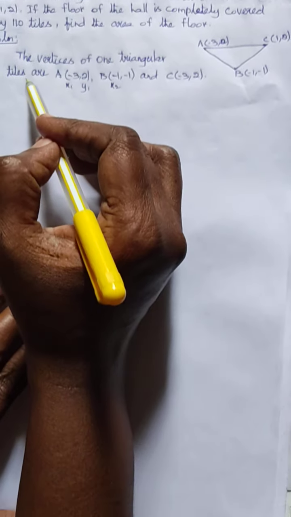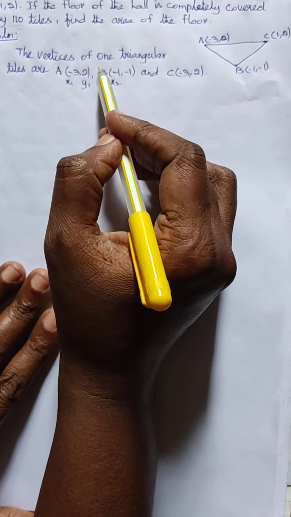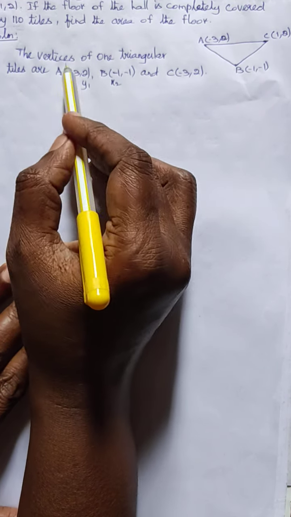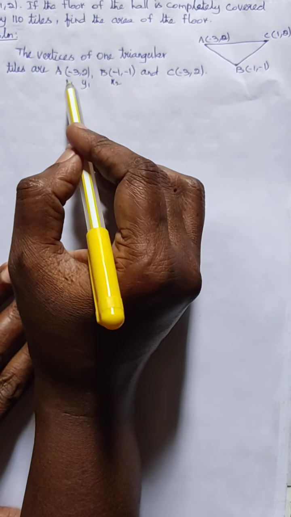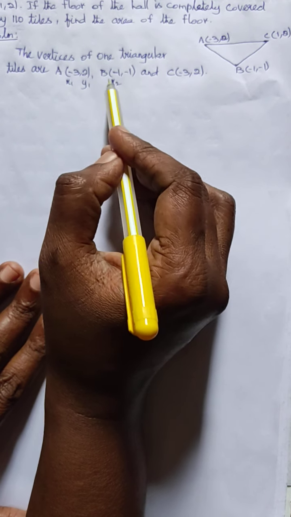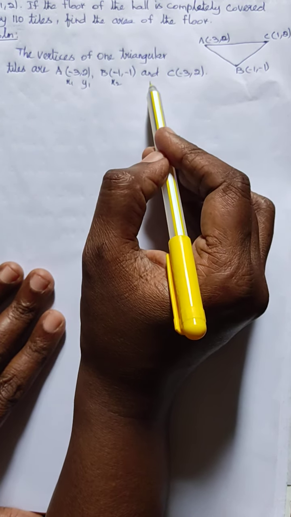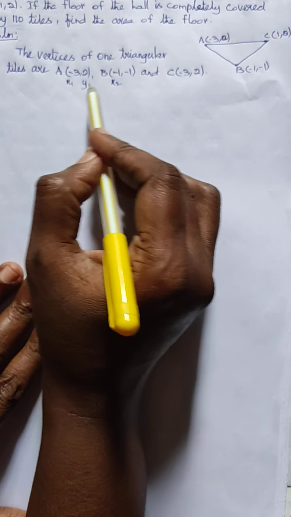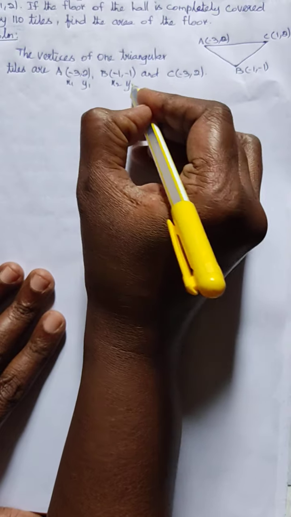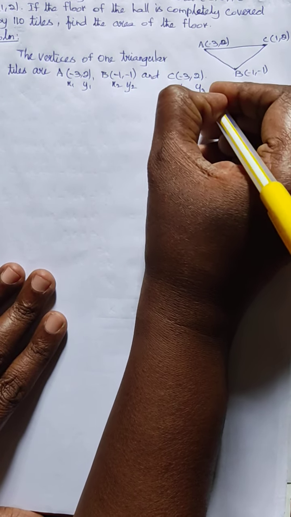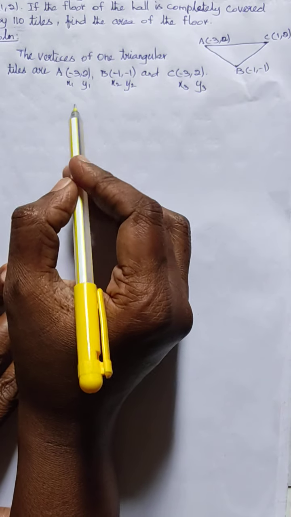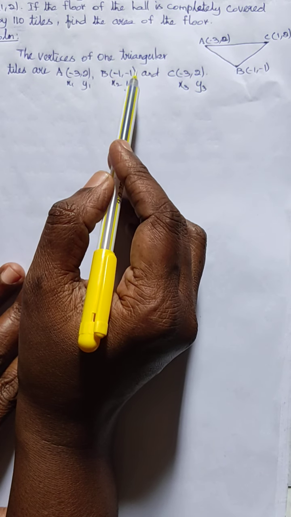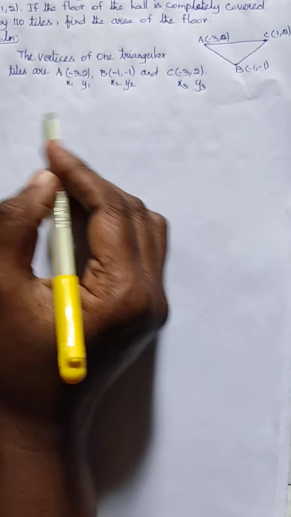So, first we have to write the vertices of the triangular tile. The vertices of one triangular tile are A (-3, 2), B (-1, -1) and C (1, 2). That is (x1, y1), (x2, y2) and (x3, y3). Now we have to calculate the area of the triangular tile.